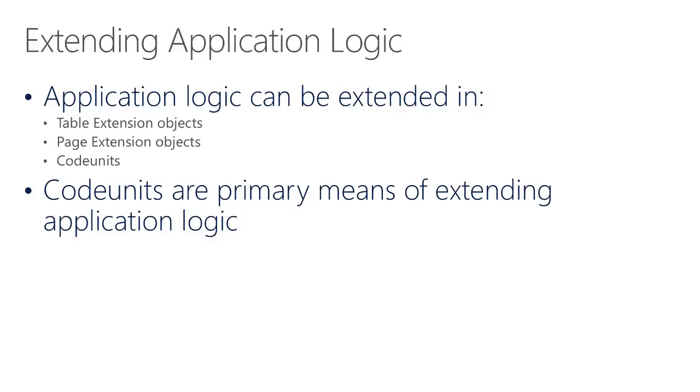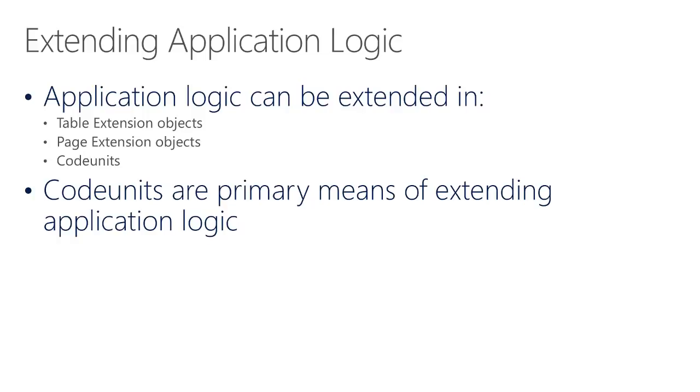But the primary means of really extending application logic happens through code units. And so real business logic is contained within code units, not in table or page objects. And those methods are then called from the table maybe, but the business logic itself should go into code units.